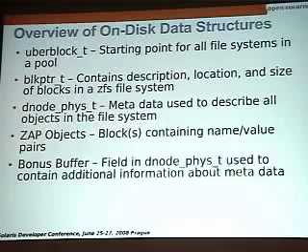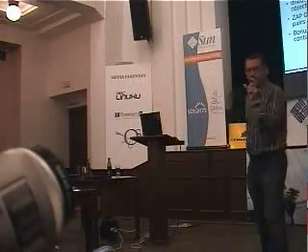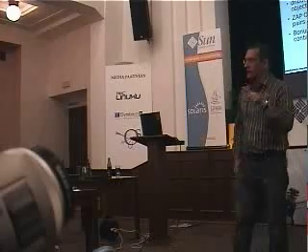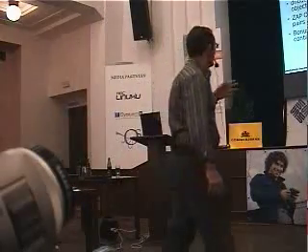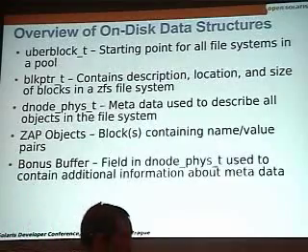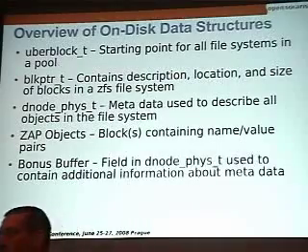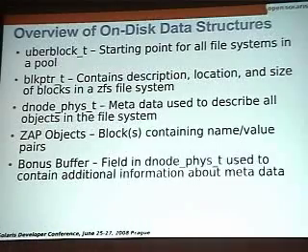So what's in a ZAP? Well, the main thing that's in a ZAP are directory entries. So if you have a directory foo, and in foo you've got files A, B, and C, the ZAP object will have the names A, B, and C, and it will also have for each name something called an object ID, which is the equivalent of an inode number. And it turns out object IDs are actually just indexes into the dnode_phys arrays that you can find on the disk.